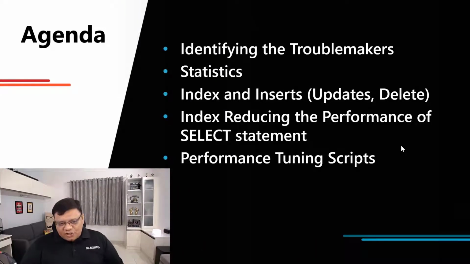Now, this is our agenda. We are going to talk about how to identify who is creating trouble for our queries, as well as some statistics, how indexes affect our performance, and how we can fix it. But the most important and most fun stuff is a scenario where we will see how an index reduces the performance of a select query even though that index is not being used.